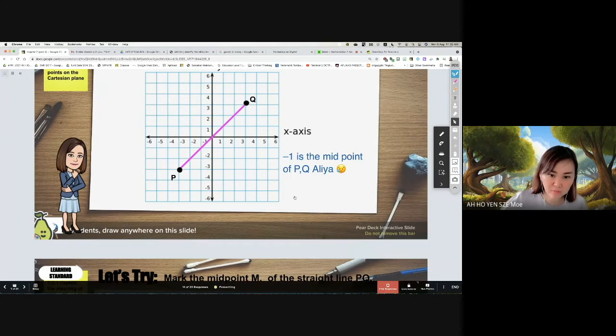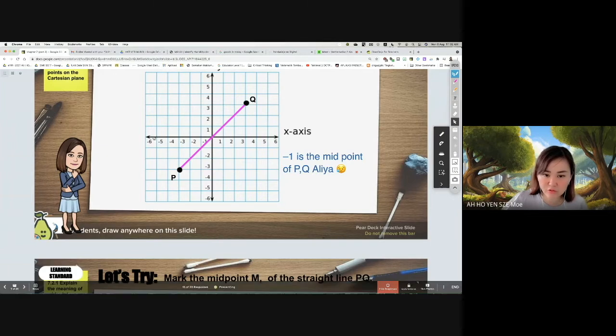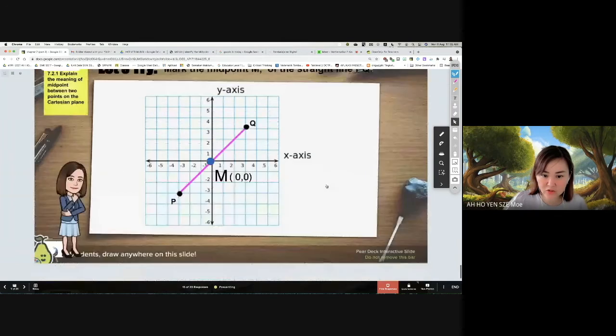From the Cartesian plane, -1 is here. 1 is here. 1, 2, 3, 4, 5, and 6. Aliyah, now I'm commenting on your answer. -1, -2, -3, and 4 here. So where is the midpoint in this question? Try to review your answer, Aliyah. Tak apa, cuba lagi.